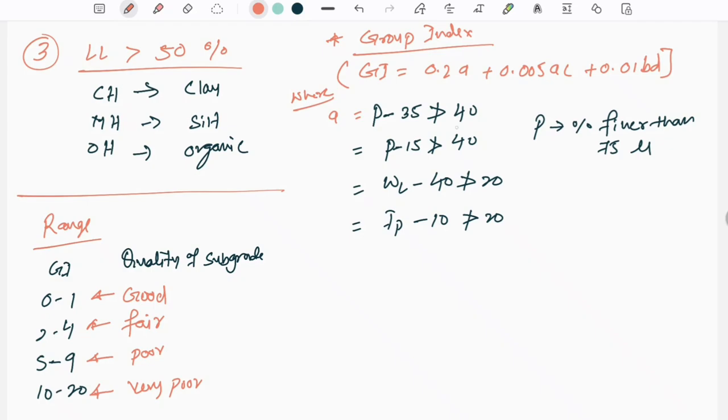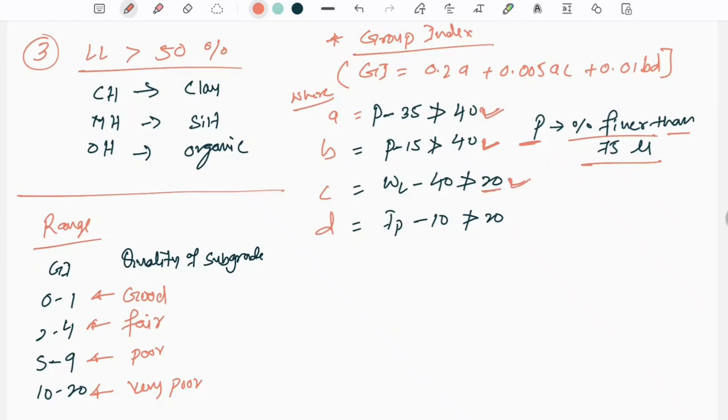P minus 35, which is not greater than 40. B is P minus 15, which is not greater than 40, where P is the percentage finer than 75 micron. And C is WL minus 40, where WL is the liquid limit, which is also not greater than 20.